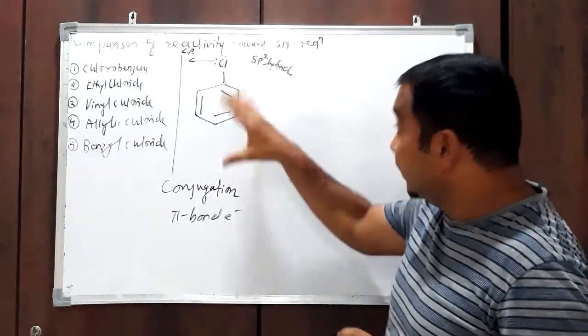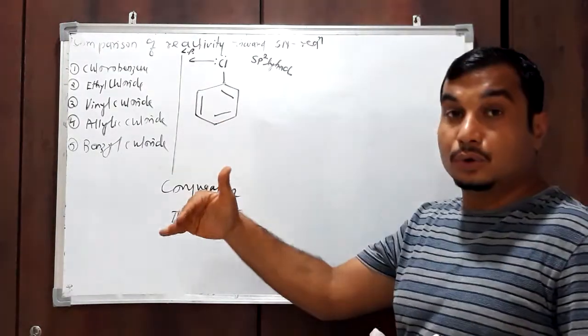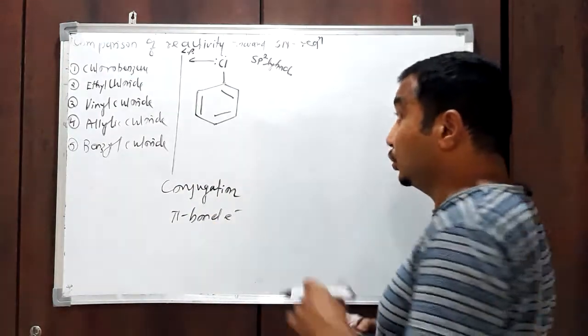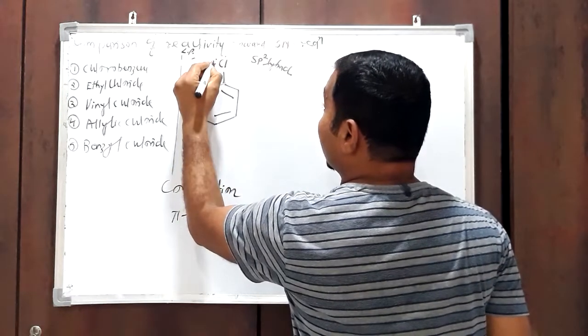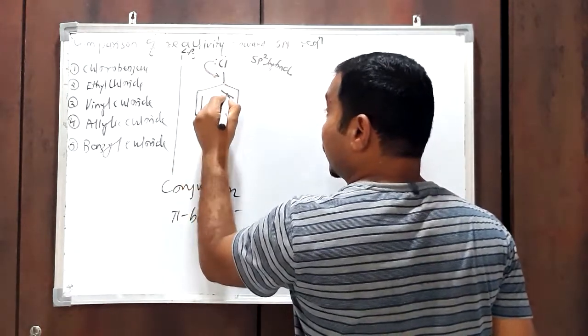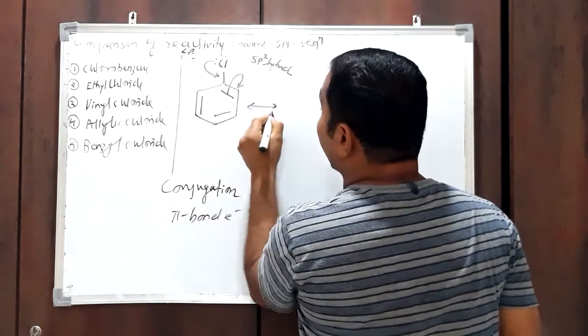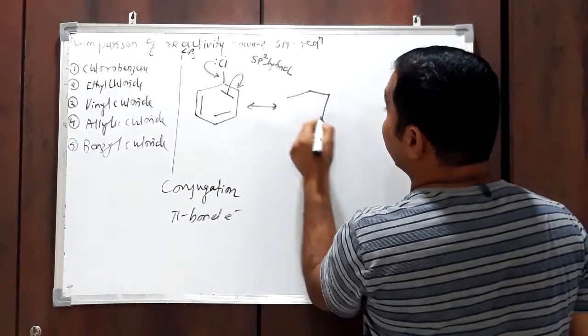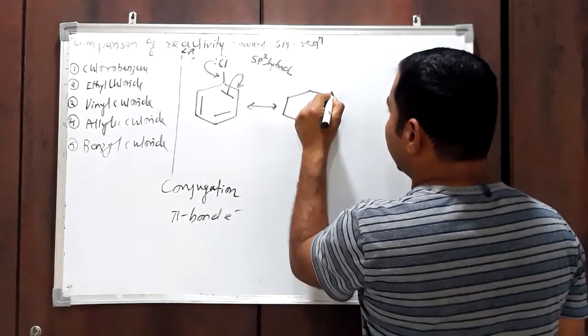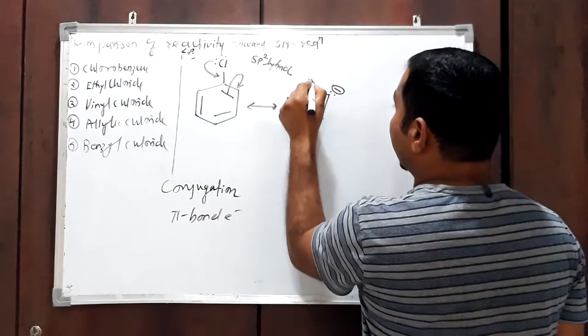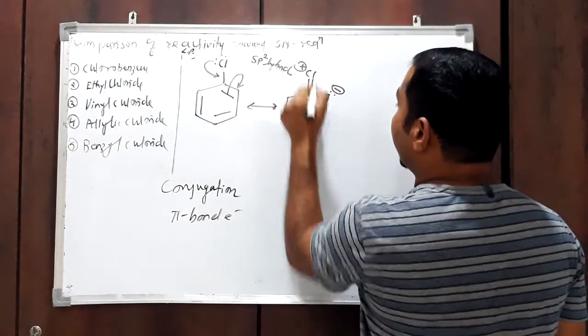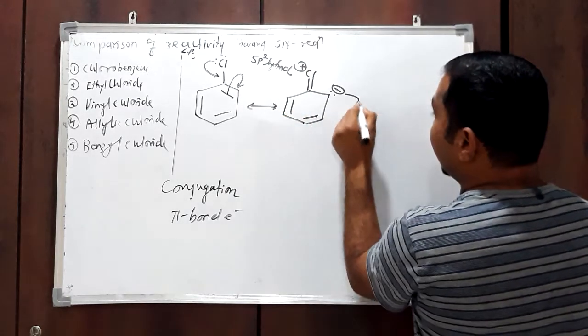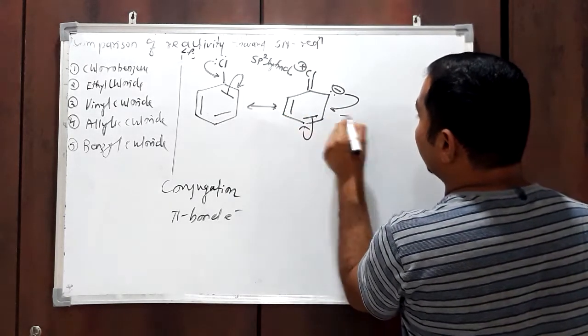Therefore these lone pairs undergo resonance effect, the positive mesomeric effect. These lone pairs get transferred toward the ring, giving various resonating structures. I will write some of the resonating structures first. The chlorine gains a positive charge, and then resonance occurs.